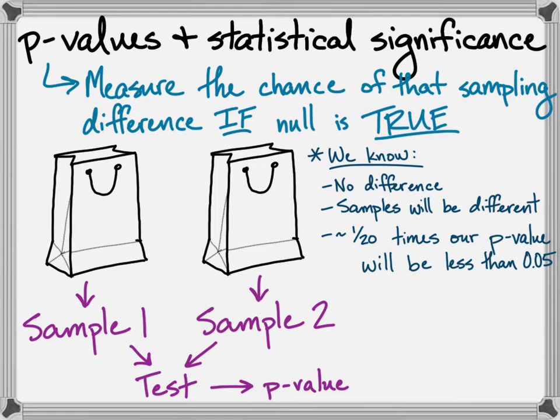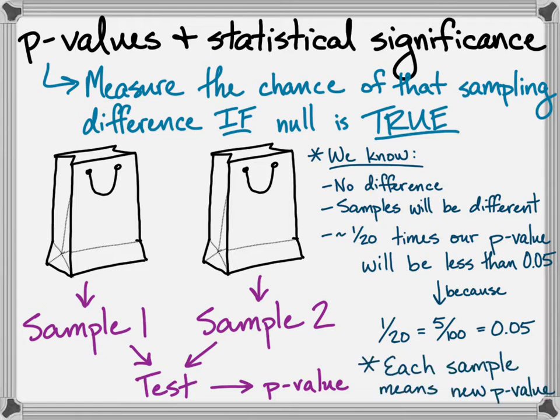However, when we run this test, approximately 1 out of 20 times, we should calculate a p-value of less than 0.05, because 0.05 means that in 5 out of 100 or 1 out of 20 experiments, when the null is true, right, there's no difference, you will still find enough difference between your samples to generate a p-value of less than 0.05.